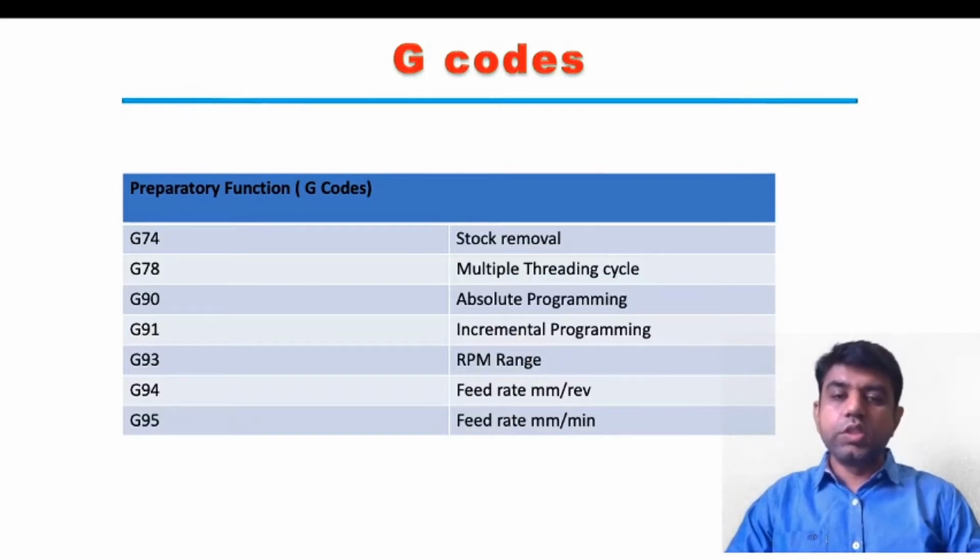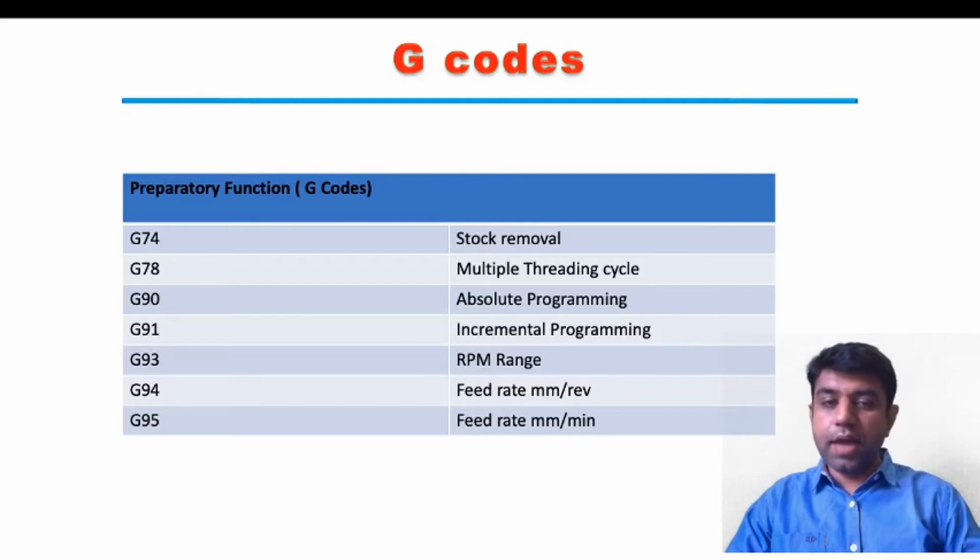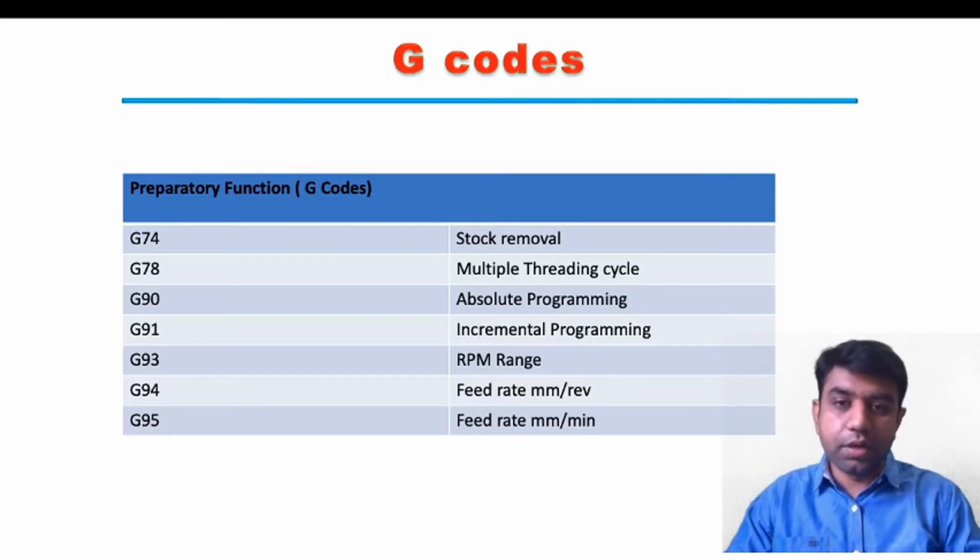Next G code is G74. G74 is a multiple stock removal code. Normally, when we need to cut a 50 mm diameter shaft into a 40 mm diameter shaft, then for each and every cut we need to increase the depth of cut. It means we cannot directly cut 50 diameter into 40. We need to have a 1 mm depth of cut. So 50 mm diameter will reduce to 48.